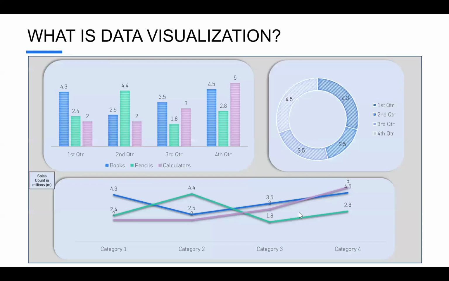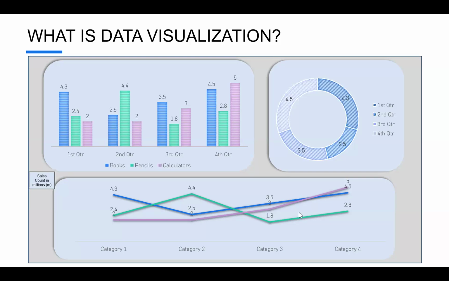So, what is data visualization? It would make sense that we're using visualizations to explain what data visualization is. Just looking at the bar chart, the donut chart, the line chart, it should to an extent communicate something to you, right? I'm seeing blue, green, pink, or rather purple. I'm rather colorblind.